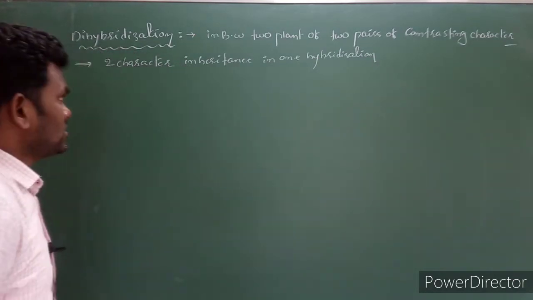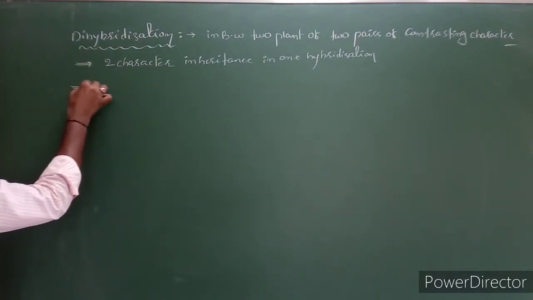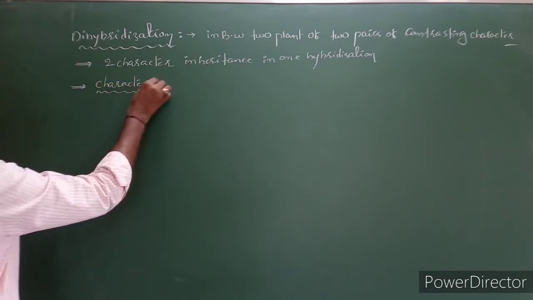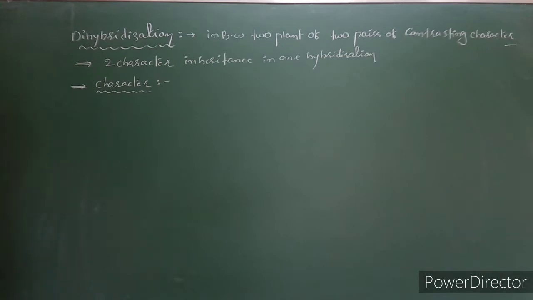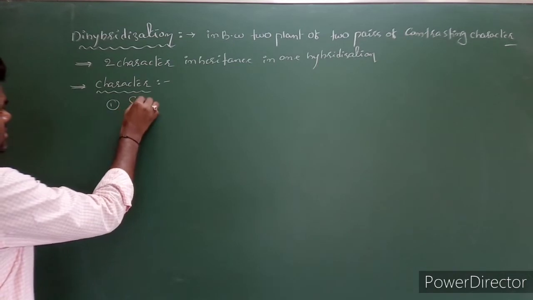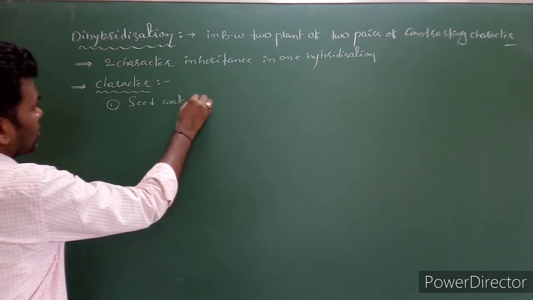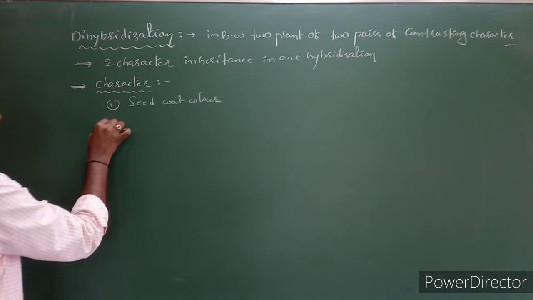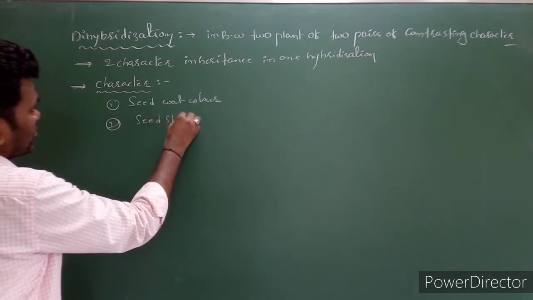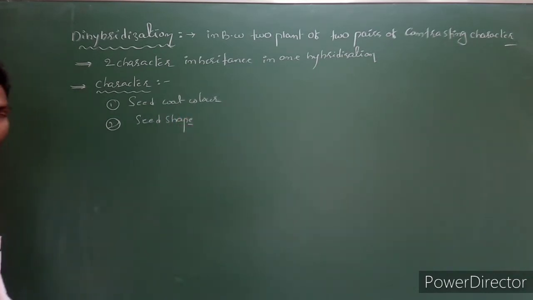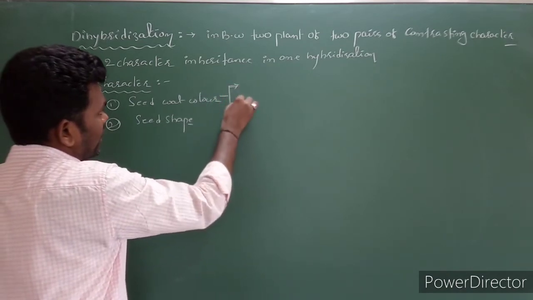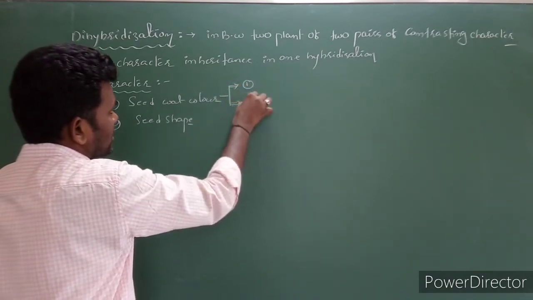Clear? So just choose the characters. The first character is seed coat color. The second character is seed shape. You already know that for seed coat color, one character is dominant and one is recessive.